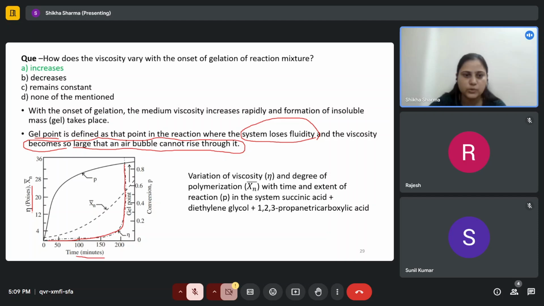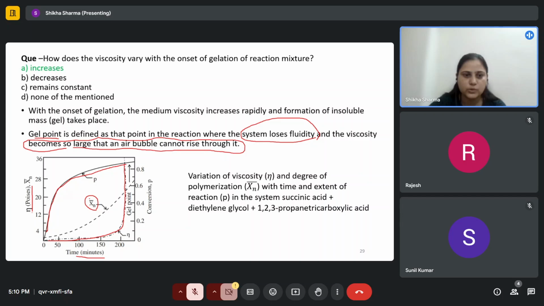Also, we can see that the number average degree of polymerization increases. At the gel point it is very high, but it increases slowly, without any drastic effect, as the time of the reaction increases. Also, we can see the extent of the reaction, which is P. It also increases with the time of the reaction.